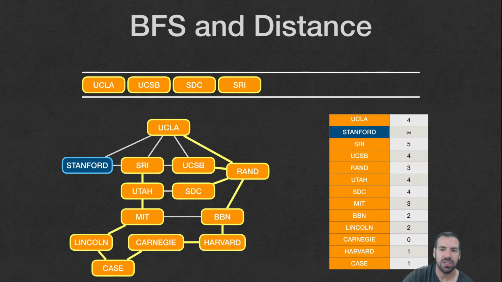So if we haven't explored a node yet, we know that it has distance greater than 4. Because if it had distance 4 or less, if it had distance 4, we would have found it when we were exploring all of the nodes of distance 3.